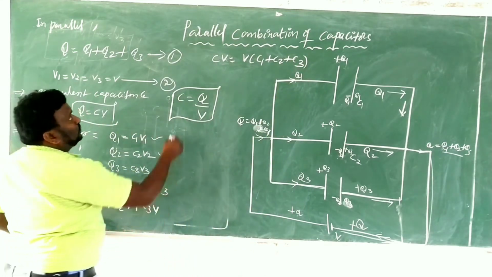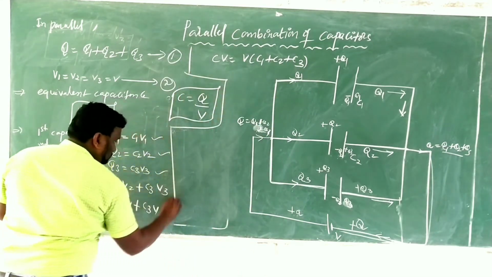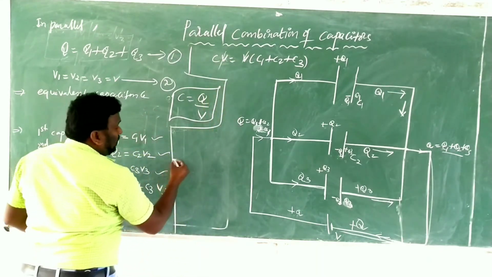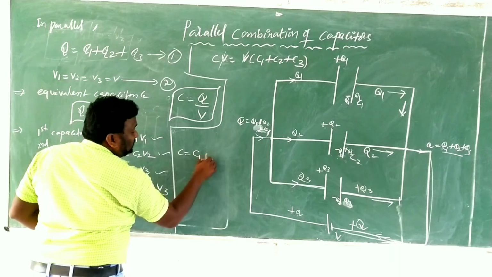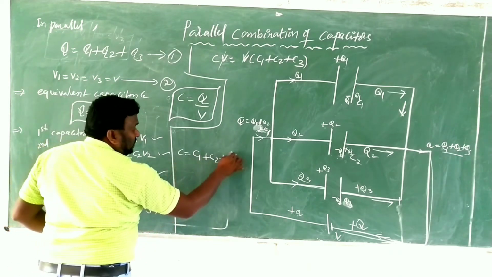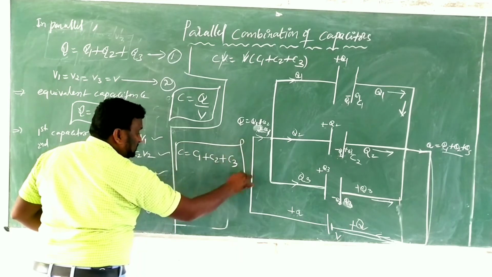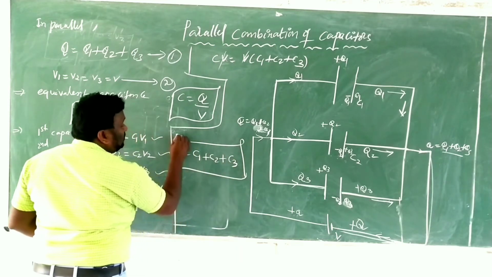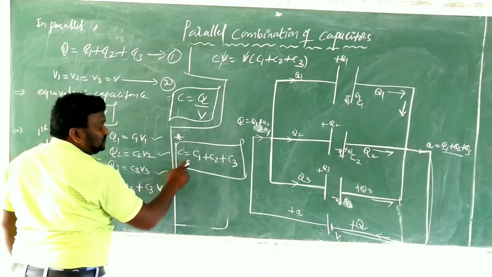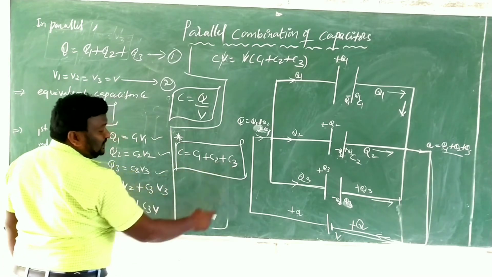Clear? So here V cancels, then what you get, C is equals to C1 plus C2 plus C3. So this is the expression for effective capacitance.